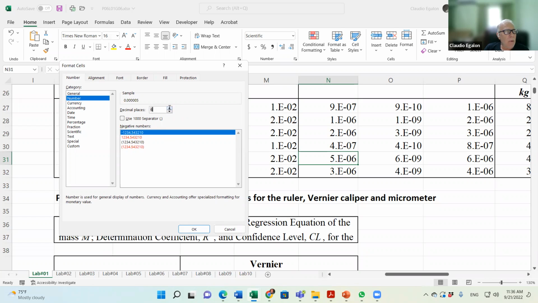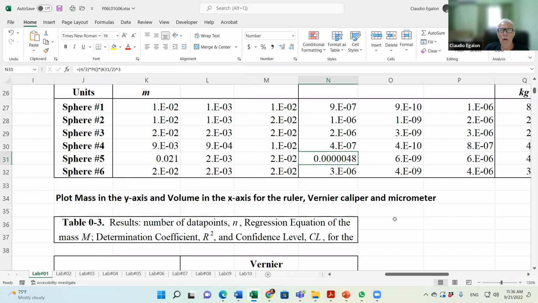We start seeing significant figures at the 6th decimal place. At the 6th decimal place, we finally see our first significant digit. And remember, I want 2 significant digits, so I have to add 1 more decimal place. That's how your volume must be reported in Excel.